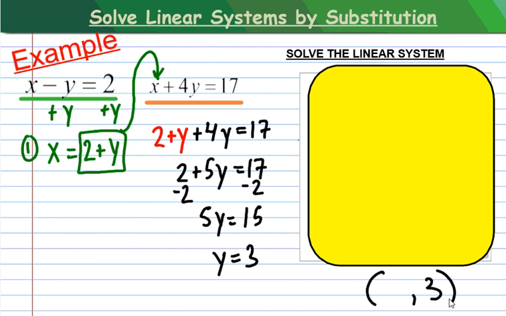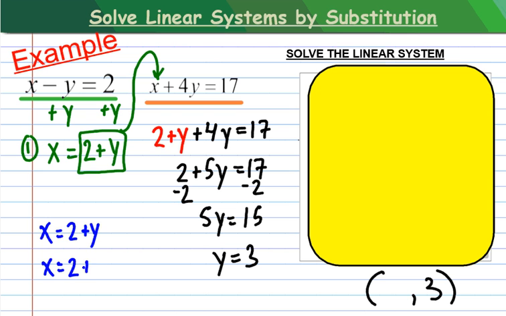So I know that those two lines are going to cross when the y coordinate is 3. Now I need to solve for the x coordinate. I technically have 3 options now. I could do the original green, the new green, or the original orangish one. So I'm going to do the new green one because x is already solved for. X is equal to 2 plus y, but we found that y was 3.